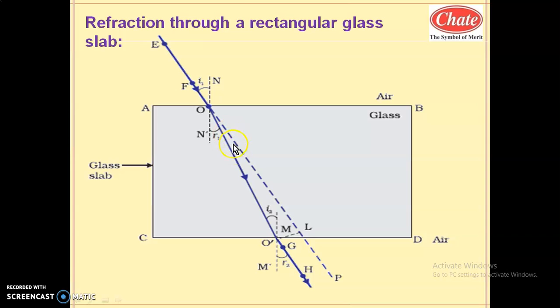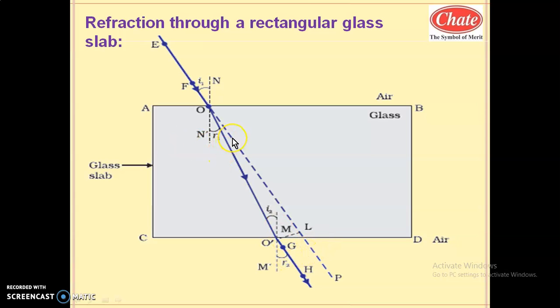So the path of the light is side shifted. It is observed that O dash H is almost parallel to EO. This emergent ray is parallel to EO but not on the same path, with some lateral shift, some side shift.